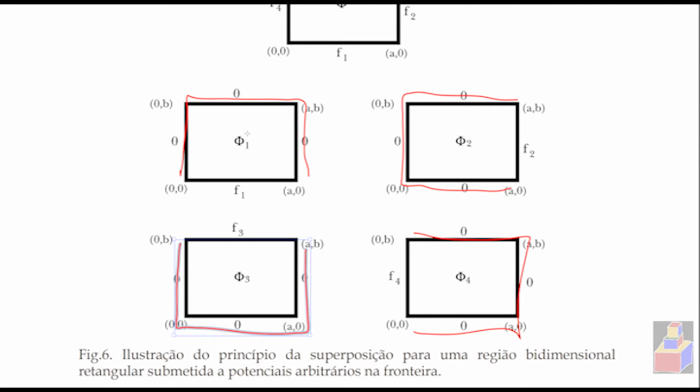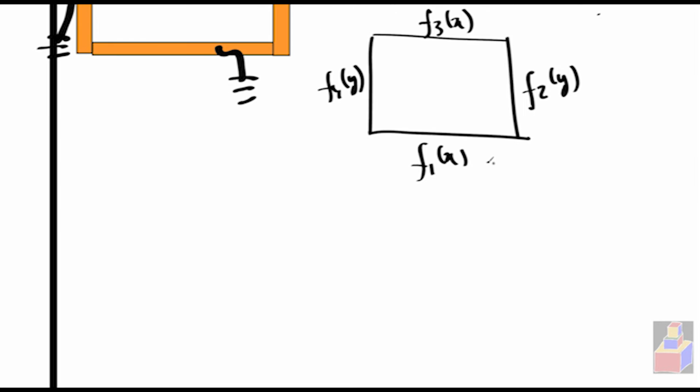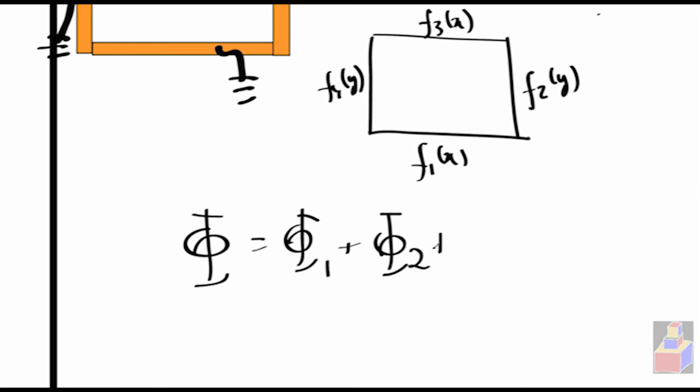So we solve the functions phi1, phi2, phi3, and phi4. We can easily show that the final solution is a superposition of these four solutions that are easy to determine. So the final solution is going to be the sum of the four solutions. So with this strategy, you can solve any problem.